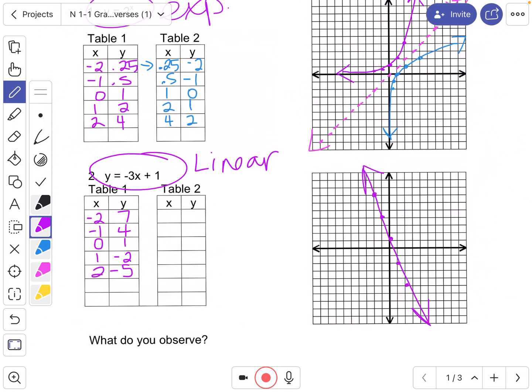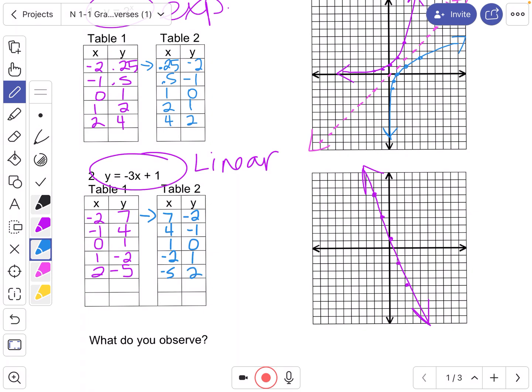And then if you look back up at the top of the notes, it tells us to just switch our x and y coordinates and put them in table 2. So I'm going to have 7, -2, 4, -1, 1, 0, -2, 1, -5, 2.